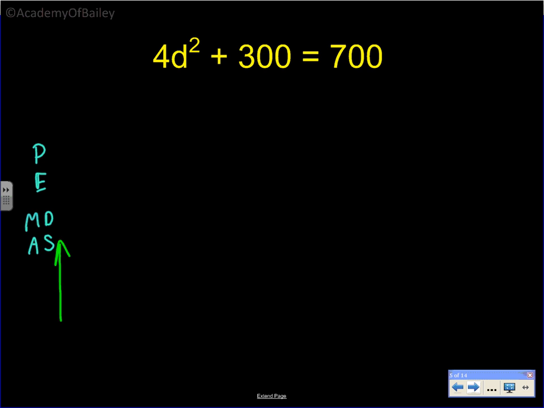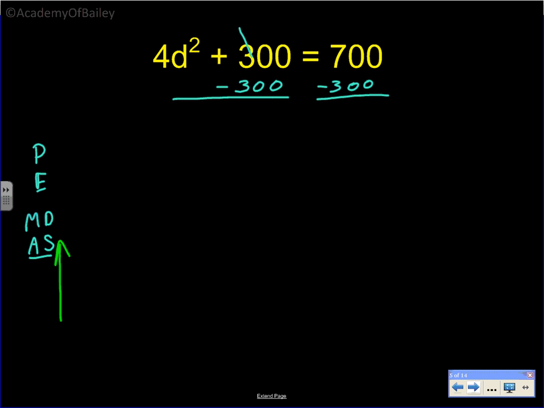And in working backwards, we come to addition and subtraction first. Are we adding or subtracting anything to d? Well, we're multiplying it by 4, and then we add 300 to it. So how do we get rid of adding 300? What's the opposite of adding 300? Subtracting 300.